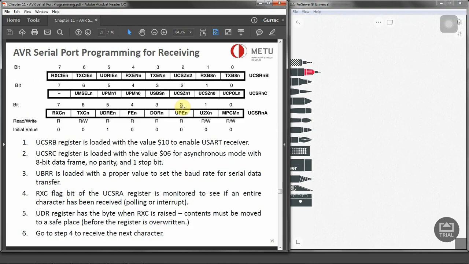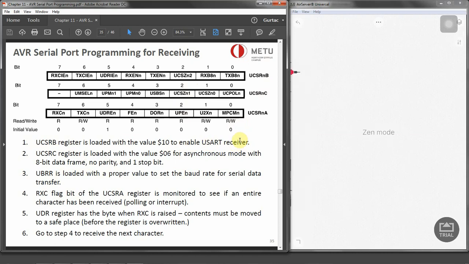The first one is AVR serial port programming for receiving. The registers that we need to set have to be configured accordingly. The first point, UCSRB, which is control register B, has to be loaded with the value 0x10 to enable the USART receiver.